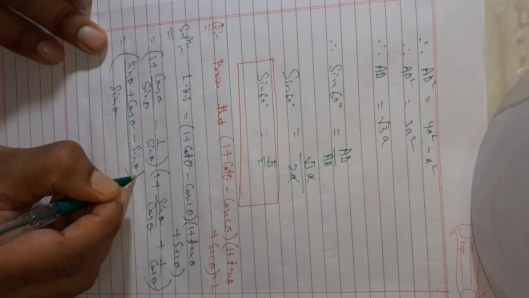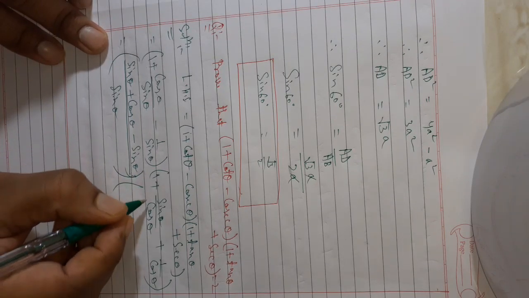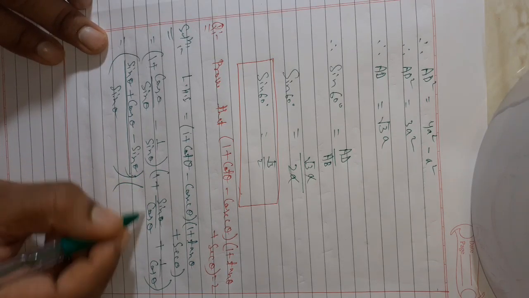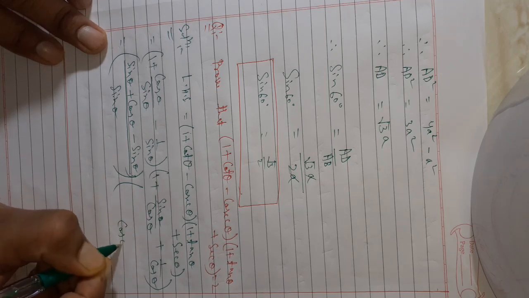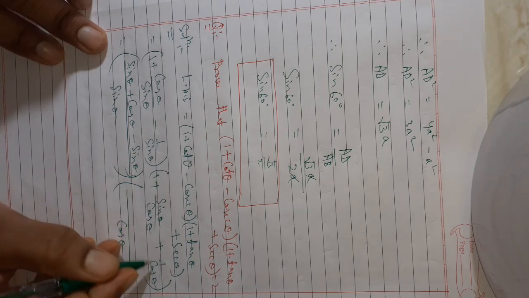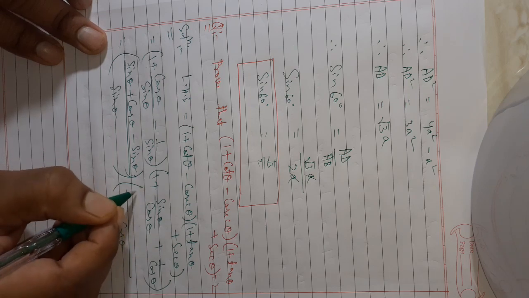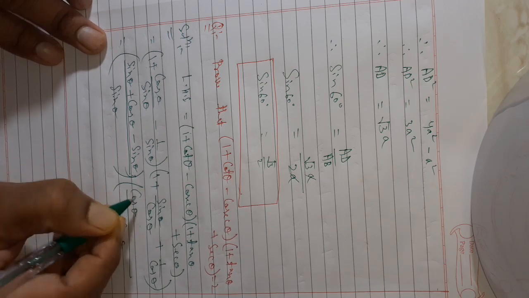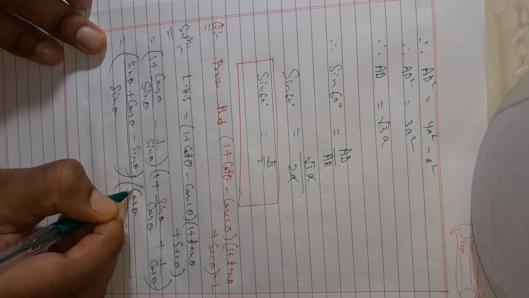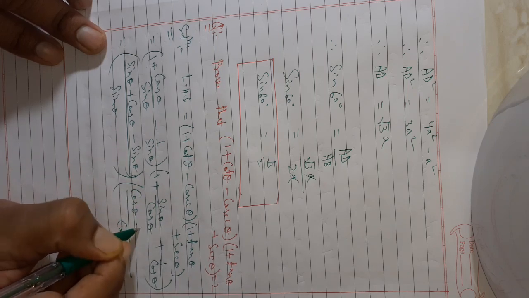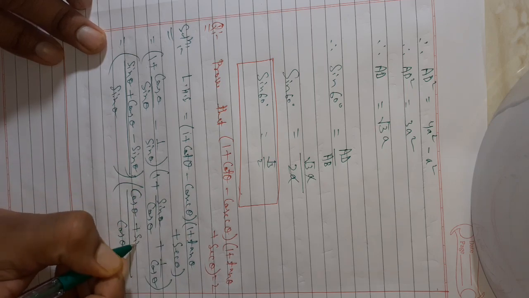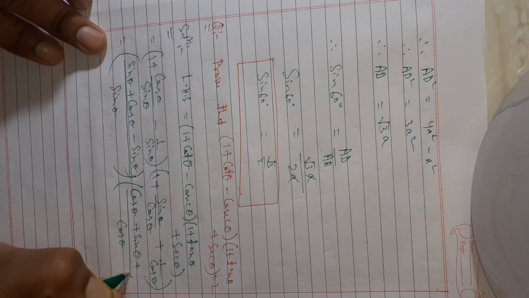Clear? The same applies here. Taking the LCM, we get cos theta upon 1. Now cos theta plus sin theta plus 1. Clear?